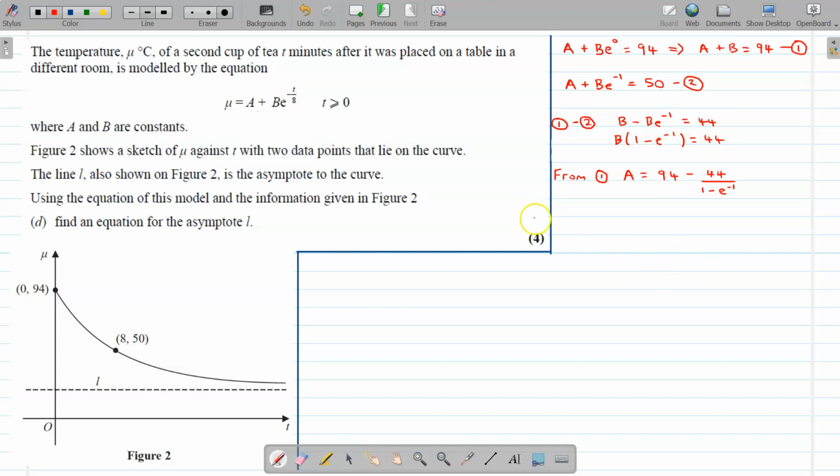Now I know that from the equation given here that mu is equal to A plus B times e to the negative t over 8.